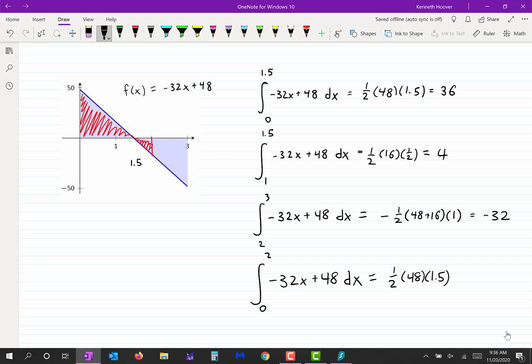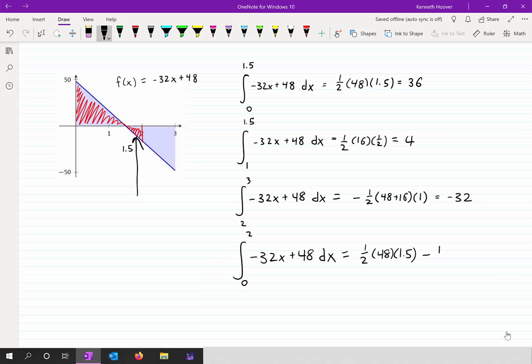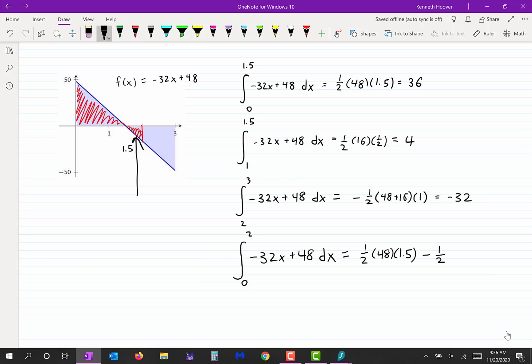Now we're going to add to that this area, but this area down in that small triangle is a negative area, so that means we're going to be subtracting some area. And it's going to be half times 16 times 0.5, because again, this is 16 and this is a 0.5.